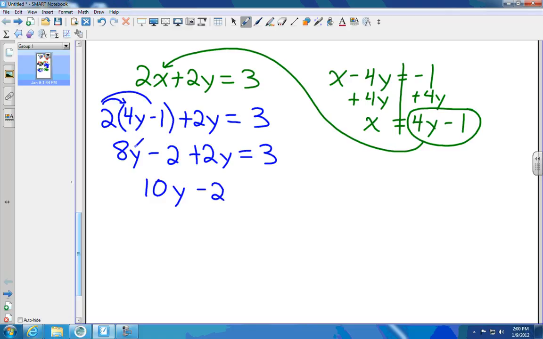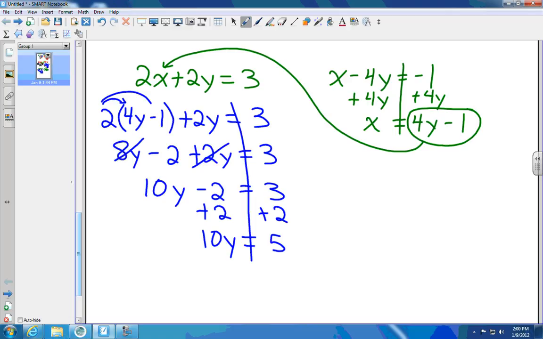Still have the minus 2. Once you've got those y's combined, you can cross them off. So you're left with the minus 2 equals 3. And add 2. 10y equals 5, and then divide by 10, and you get y equals what? 1/2.